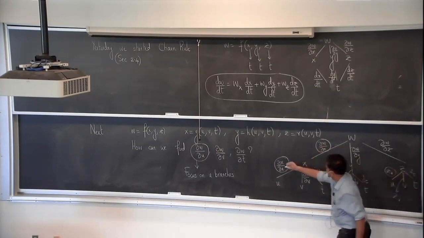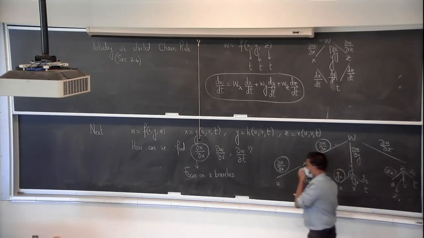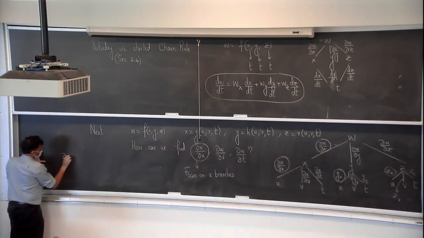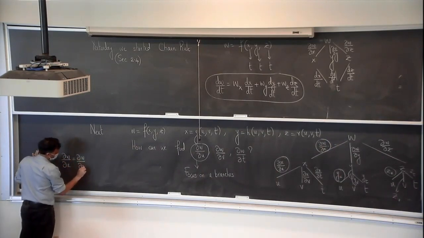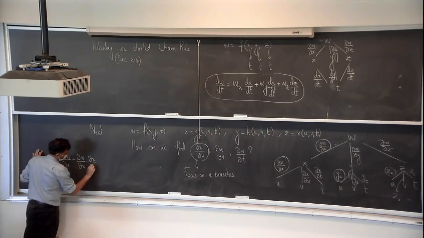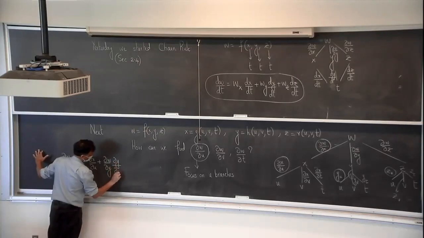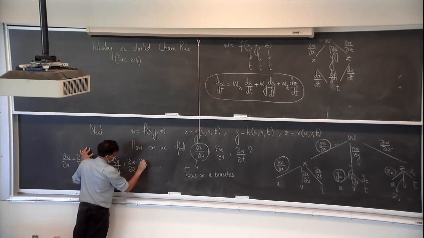So W with X, W with Y, W with Z. Okay, those are the 3 branches. So just focus on one at a time. So the partial of W with respect to U would be W with respect to X, X with respect to U, plus W with respect to Y, Y with respect to U, plus W with respect to Z, Z with respect to U.